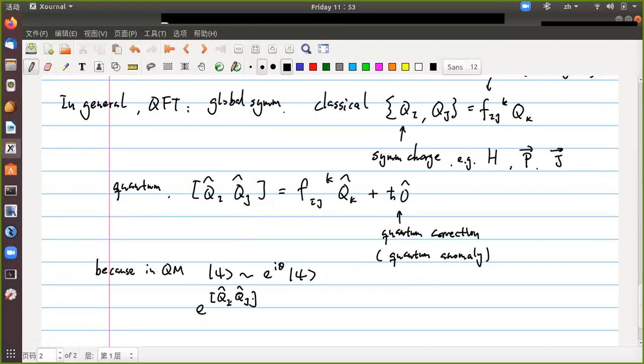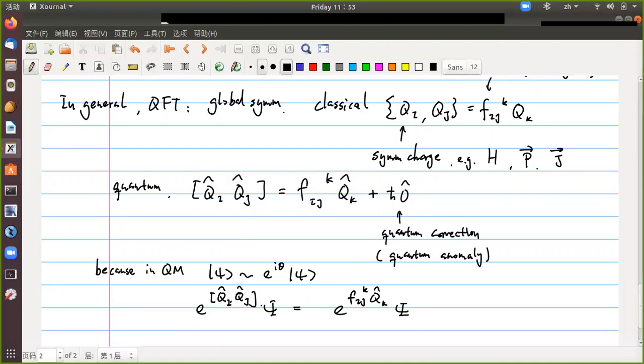You consider some finite symmetry transformation generated by the left-hand side of this equation, operating on a certain state psi. It can happen that it equals the right-hand side, e to the i q_k epsilon psi. In some simple good cases, this will be the result.